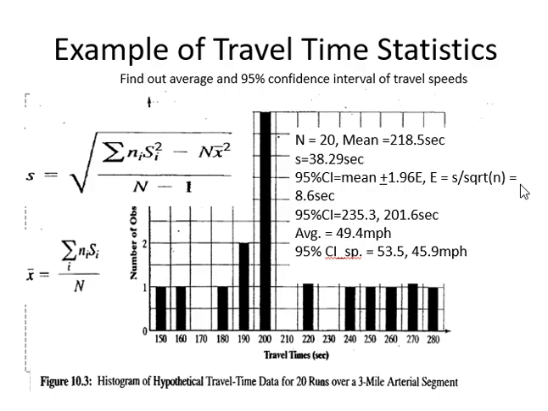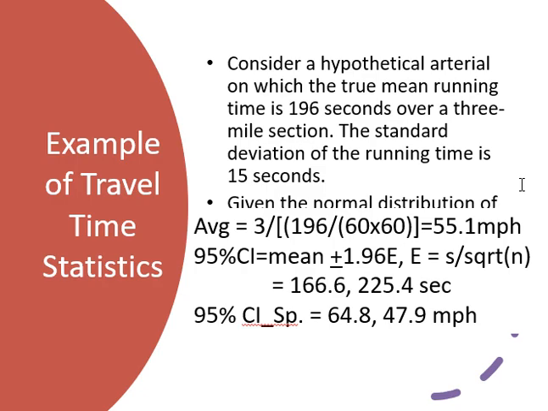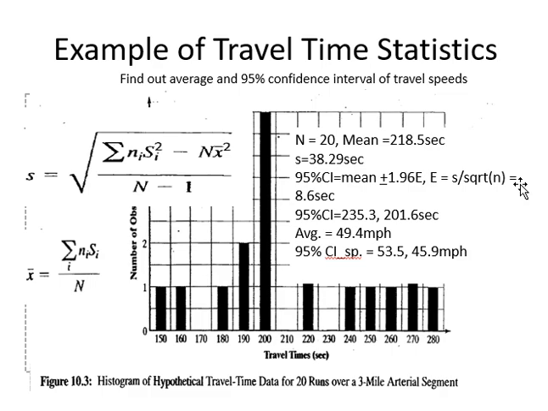Now let's say this is a 3-mile arterial, and the previous question was also a 3-mile arterial. In the previous question, they gave me the mean running time, which was 196. In this question, you calculated the mean travel time, which is 218.5. Let's say these values are for the same highway. If you know these two values, you can calculate a third value, which is delay.